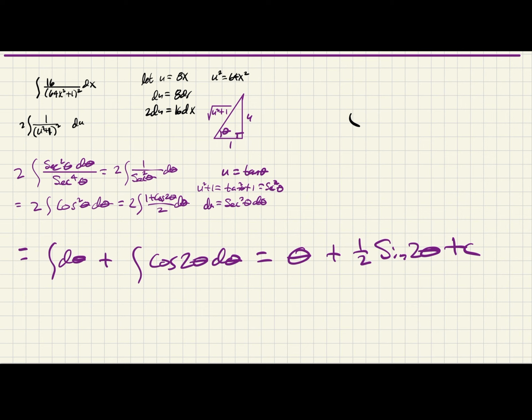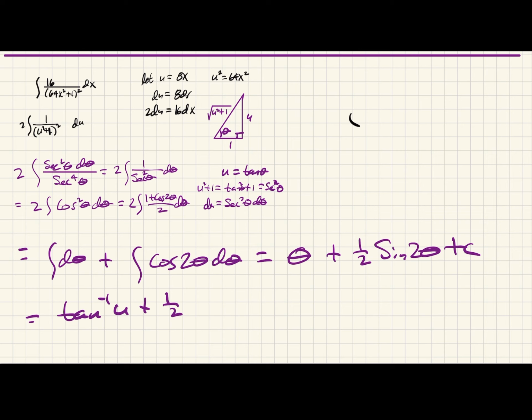Okay, good. Now, sine 2 theta. I got theta and I got sine 2 theta. Well, u is tangent theta. So theta is inverse tangent of u, right? So we have inverse tangent u plus 1/2.